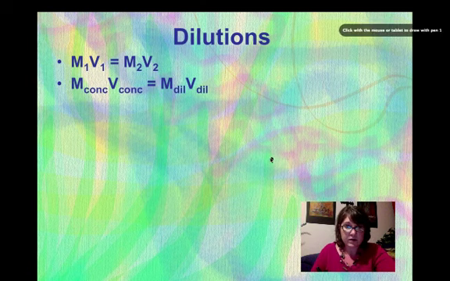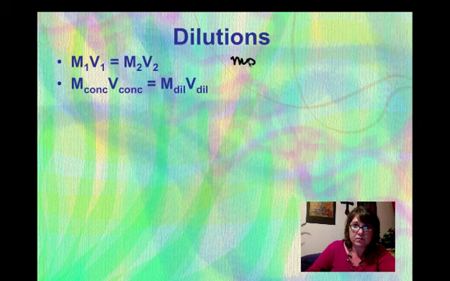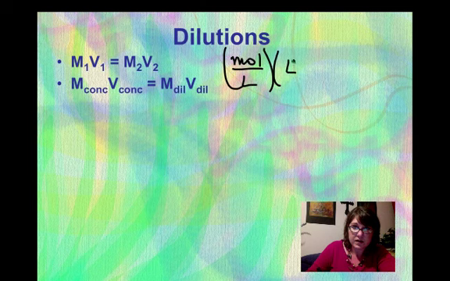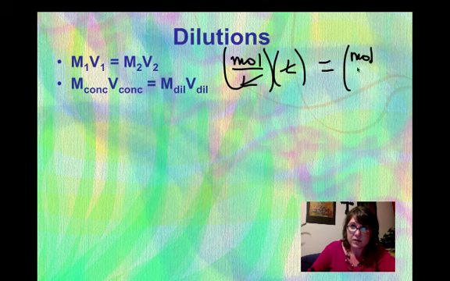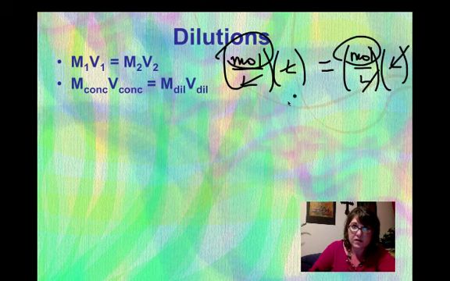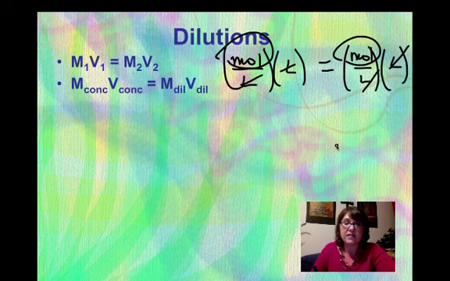So if we took the molarity, moles per liter, times the volume in liters, it has to be the same as on the other side, your molarity times your volume. Notice, moles has to equal moles because of the law of conservation of mass.